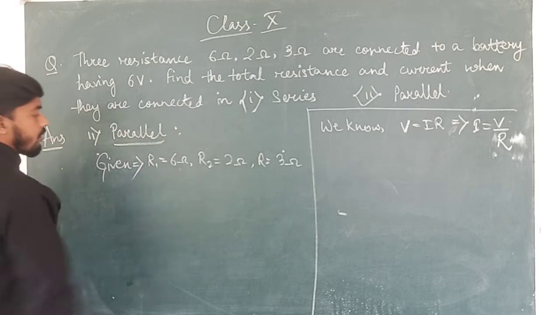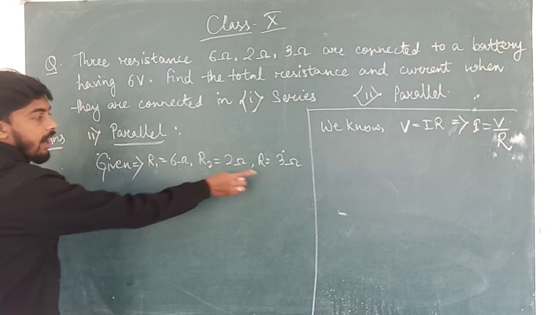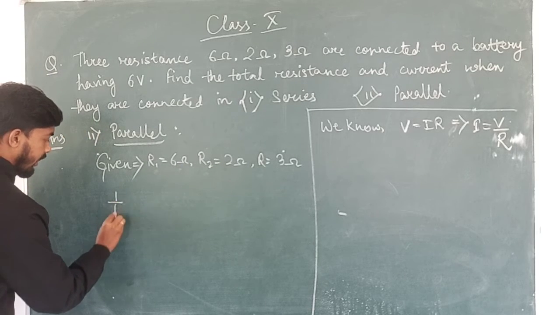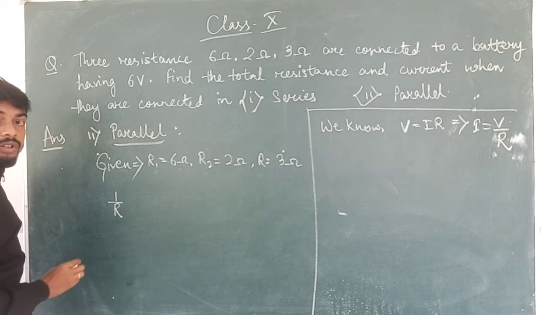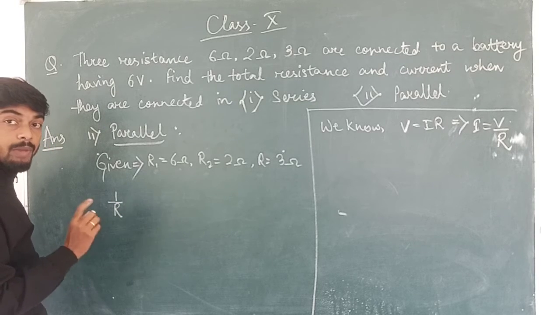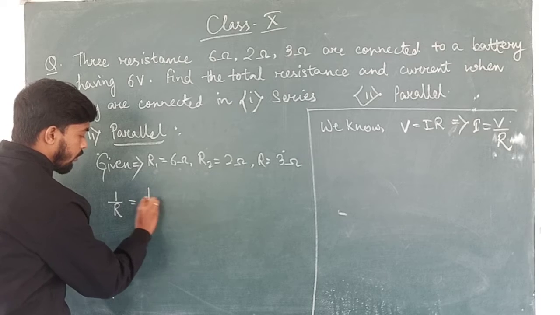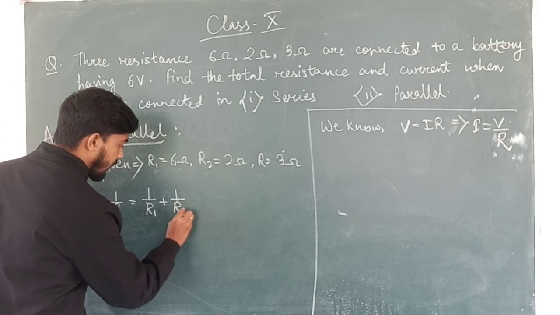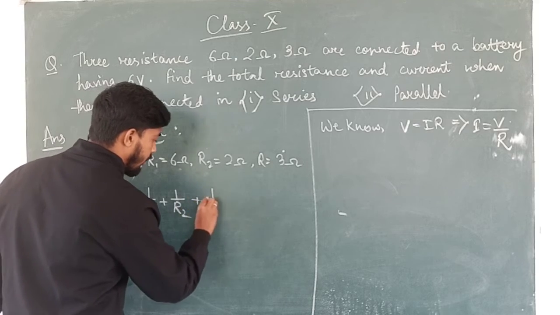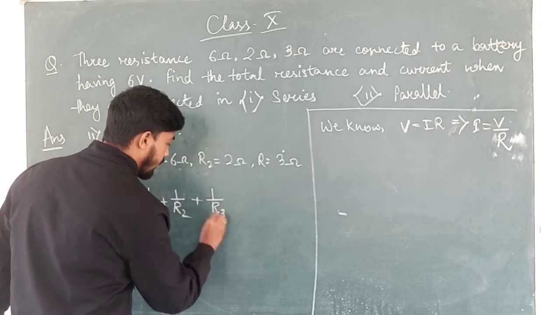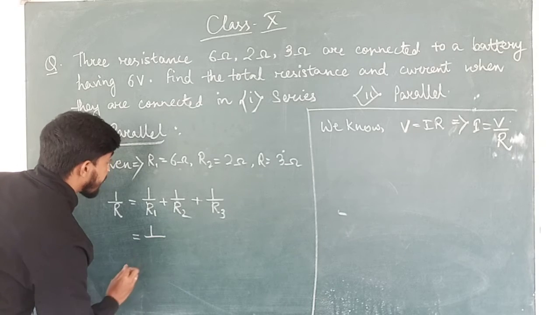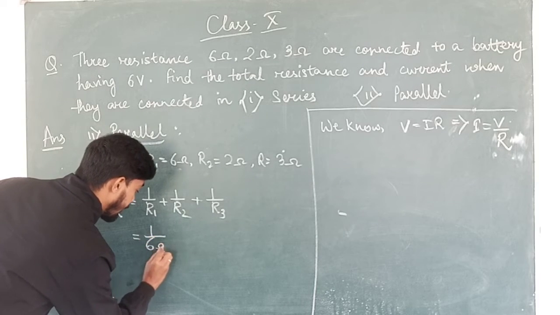So R1, R2 and R3 were already given. For the parallel combination, the total resistance is given by 1 by R is equal to 1 by R1 plus 1 by R2 plus 1 by R3, and then we will substitute the values provided.